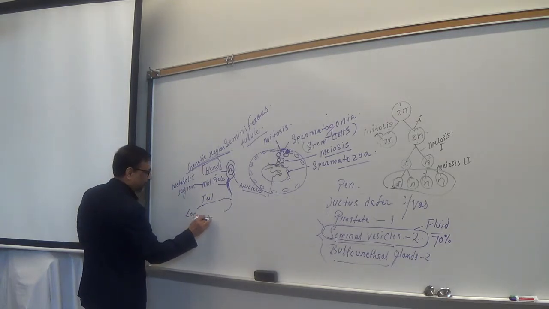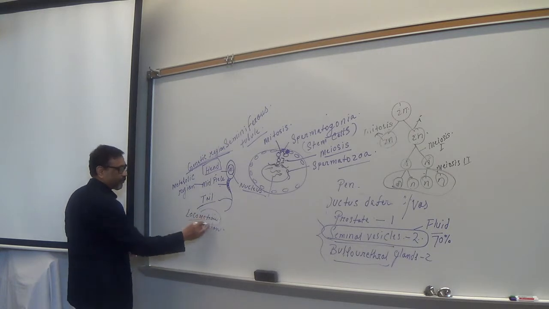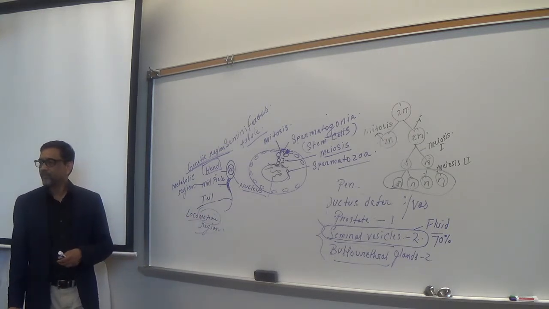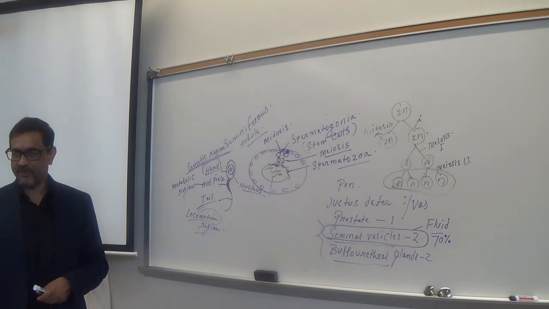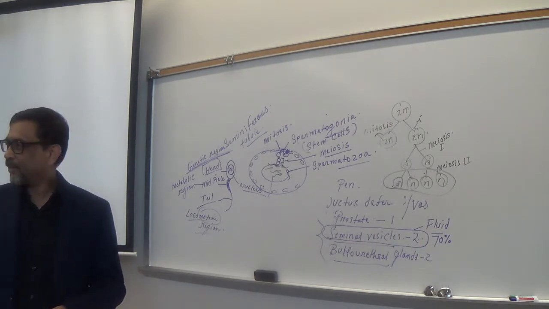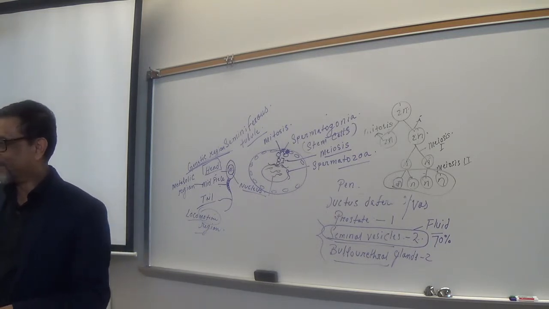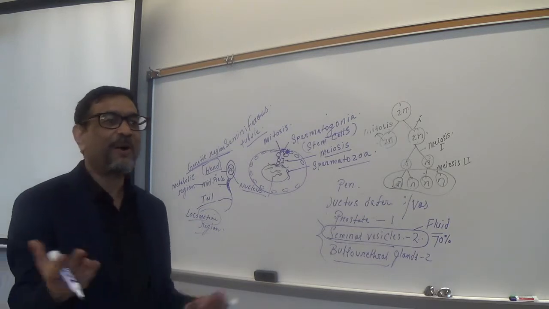Locomotion means what? Movement. So the tail part helps in movement. You know baby fish, have you seen them moving the tail? Sperm is like that.